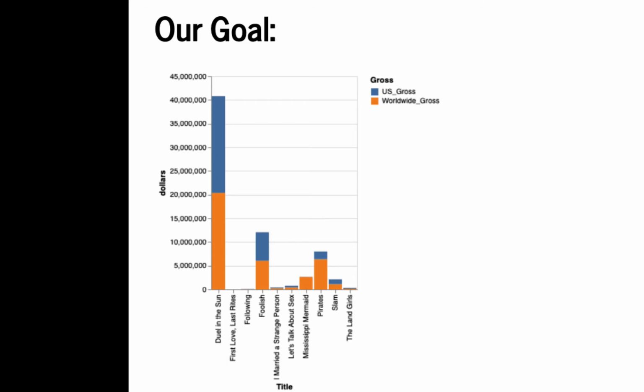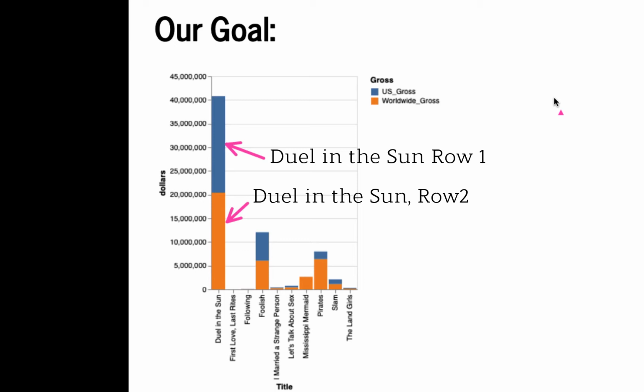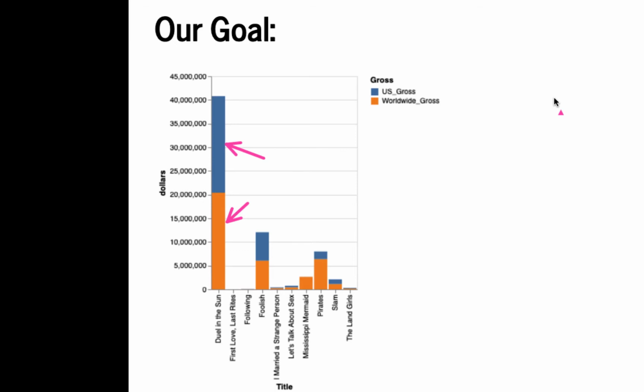You have the blue bar and the orange bar, for example for Duel in the Sun, the first one. This is one mark over here, and this is another mark over there. So we have these two marks being represented for every movie. But Altair likes to think in terms of rows, so every row should ideally be its own mark. That's the ideal way to represent this.